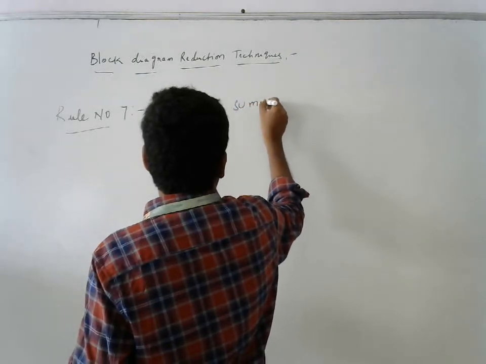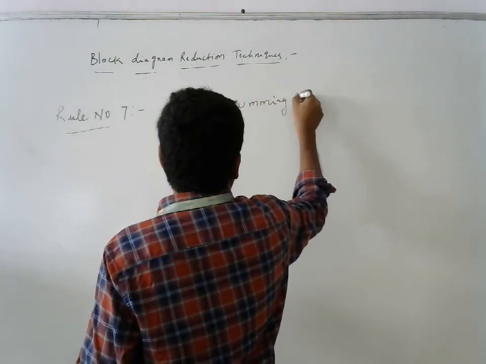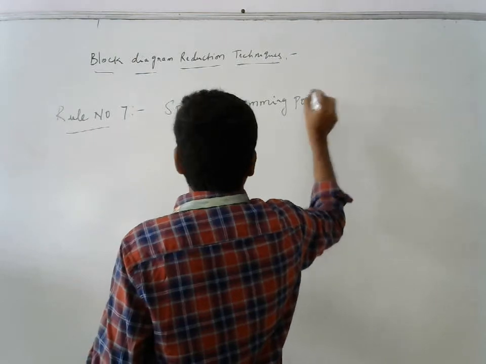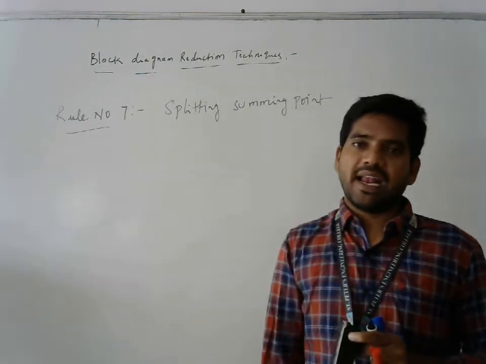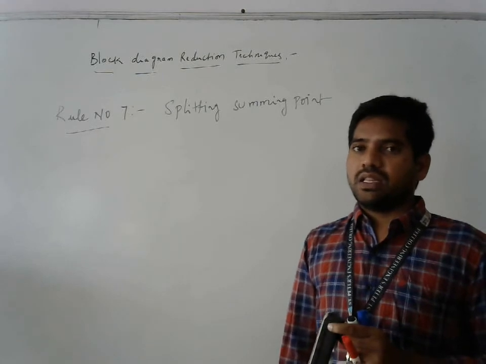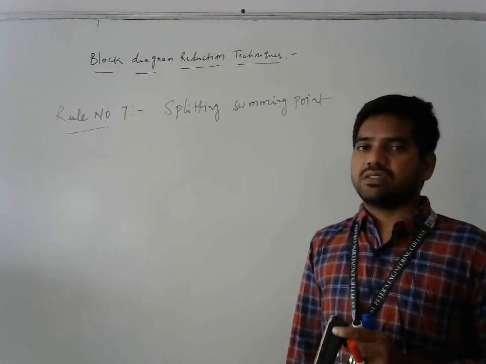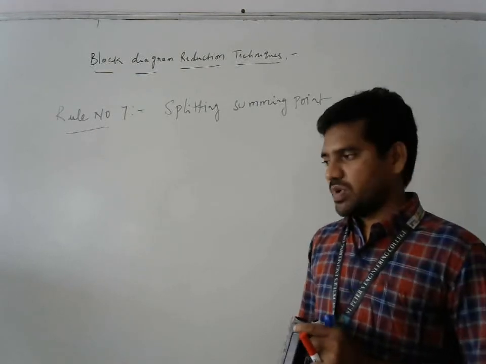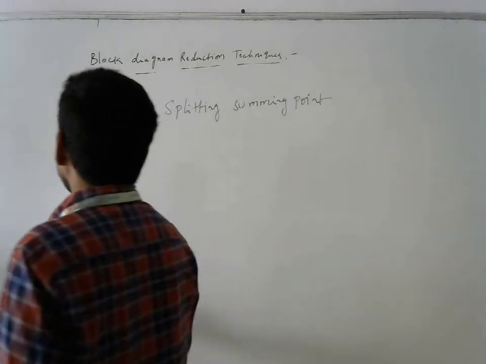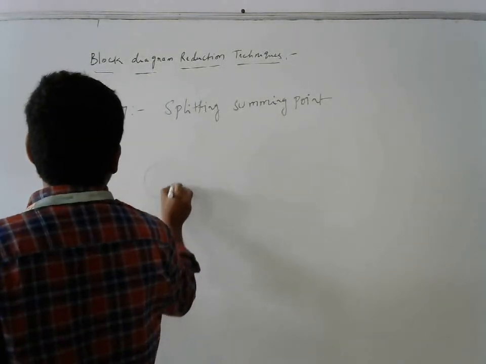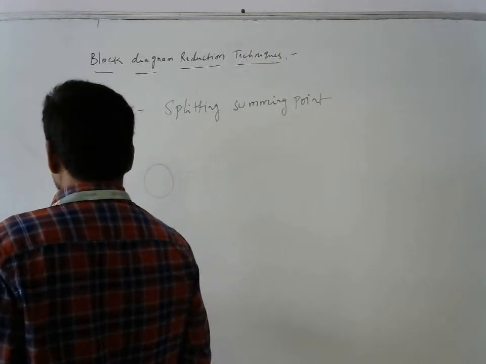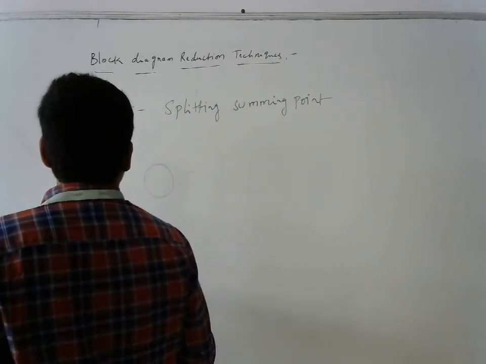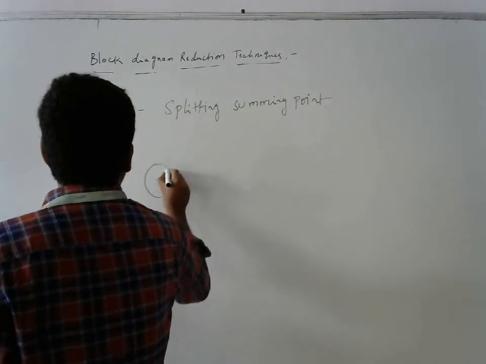Why are we doing this? In some cases, three or four signals will be added together. In that particular case, we need to split. How are we going to split? For example, we have three inputs. Three inputs I am going to consider.